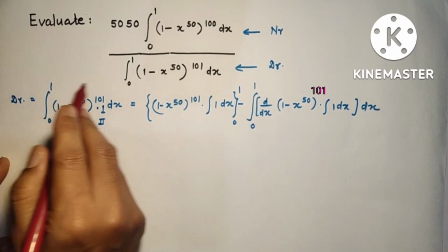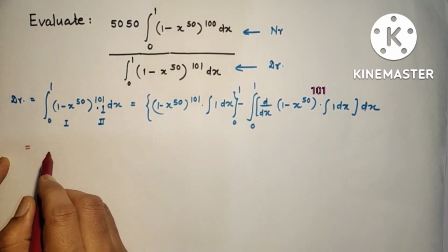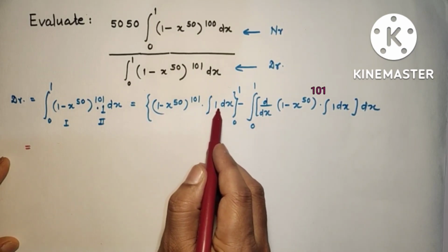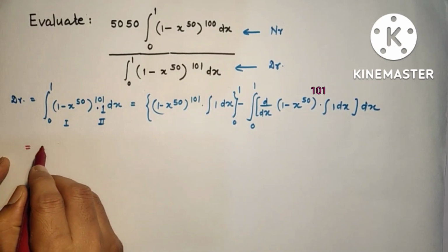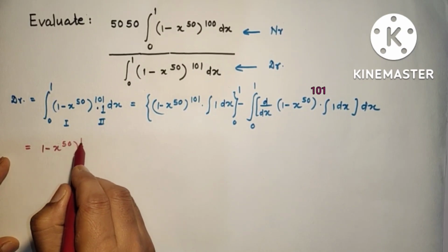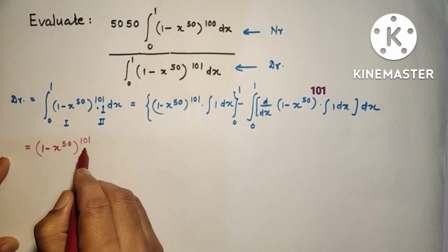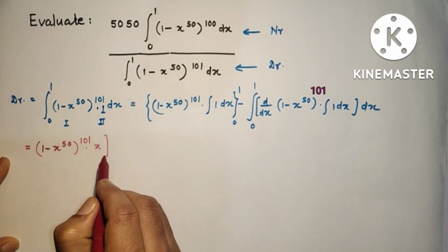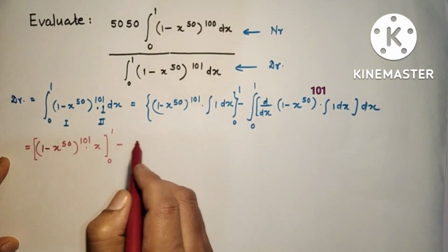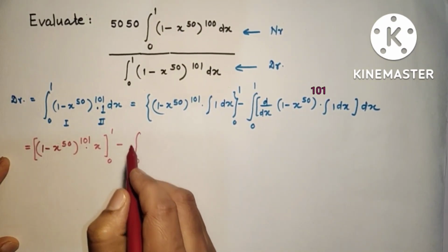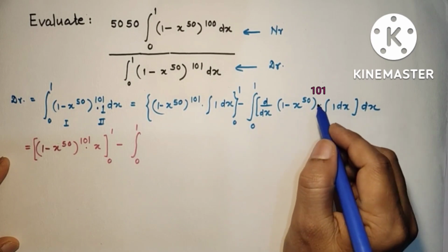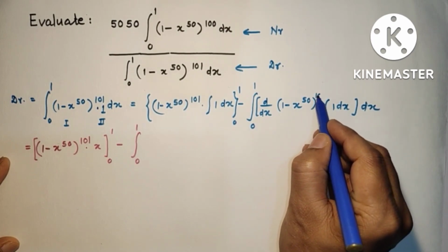So the denominator is this thing. Integral of 1 is x. So this is (1 minus x raised to the power 50) raised to the power 101 into x, and this thing is from 0 to 1, minus the derivative of (1 minus x raised to the power 50) raised to the power 101.